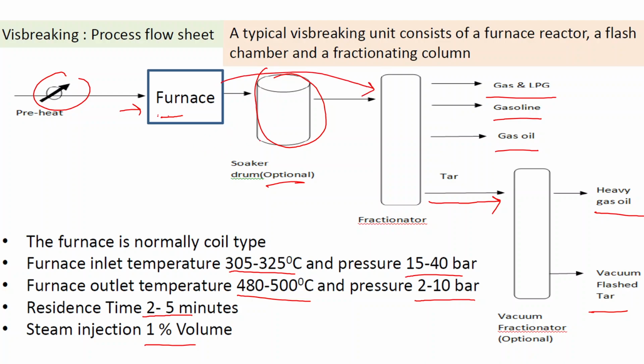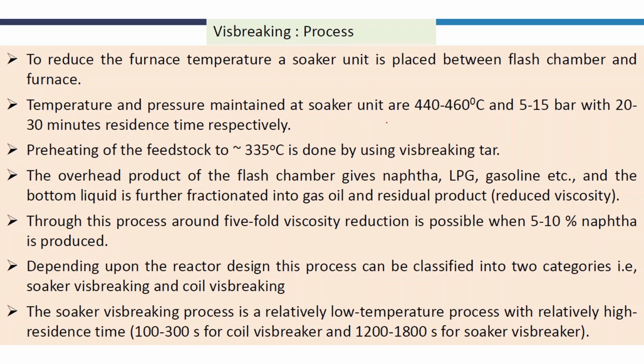But when it is done at smaller temperature for a larger residence time, what happens is that in the furnace the feed residence time is very less. Thermal cracking takes place in the furnace, and after that it goes to the soaker where it stays for a larger time period at smaller temperature, and after that it goes to the fractionator.